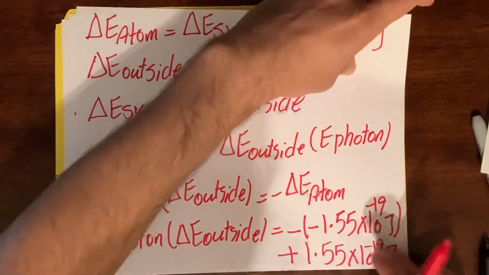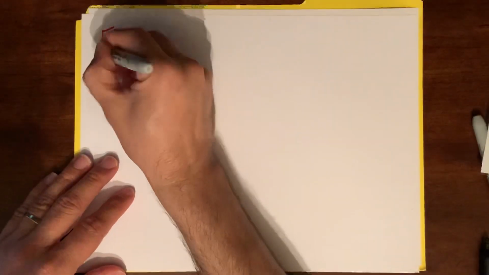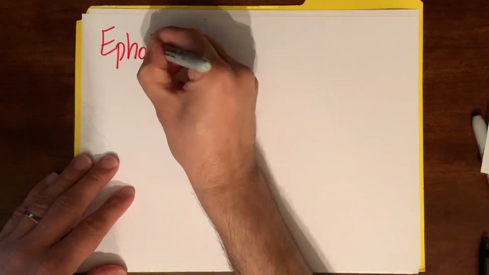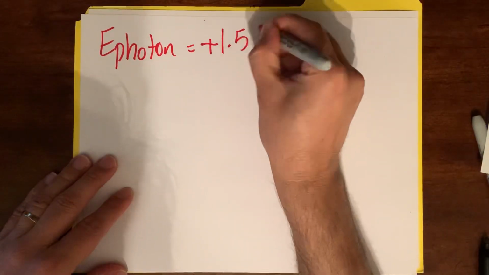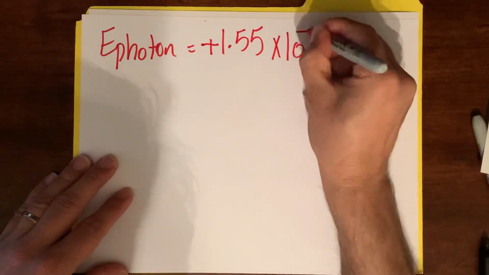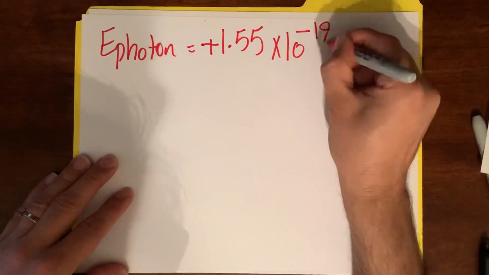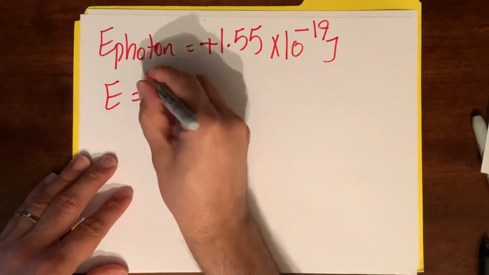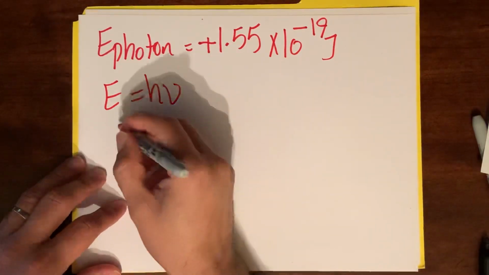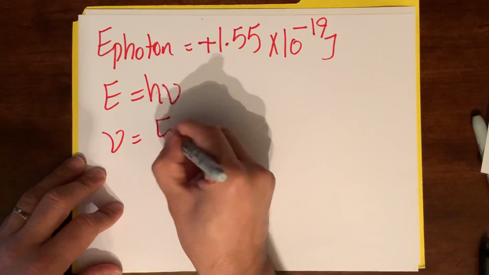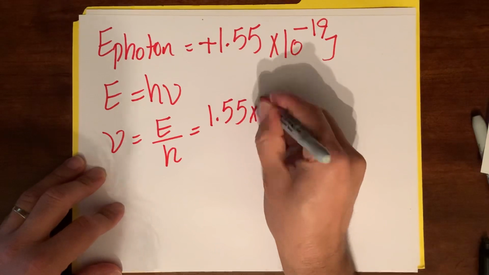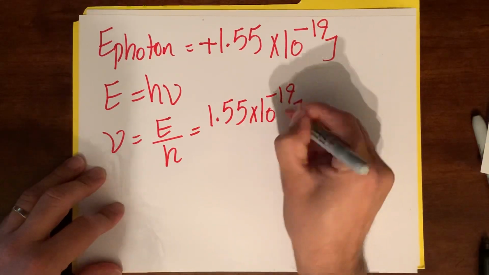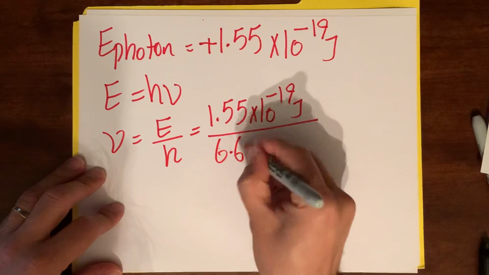So always you need to do this adjustment when it comes to energy. So now you go with energy of photon equal to plus 1.55 multiplied 10 to the power of minus 19 joule, and energy is equal to h nu. So nu is going to be equal to E divided by h.